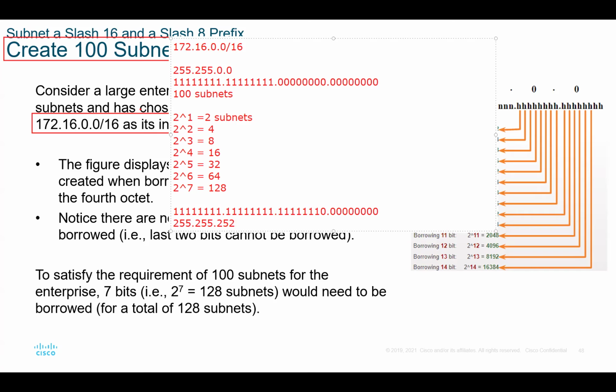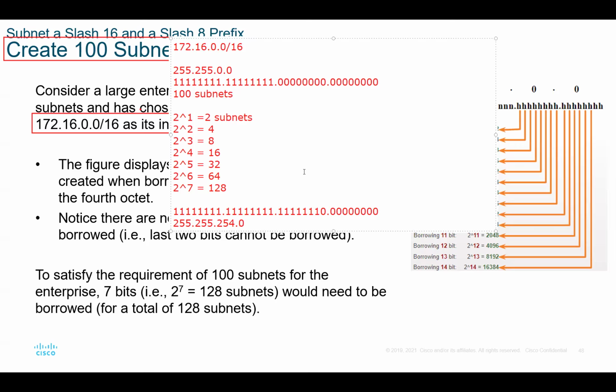255.255.254.0. This is 255 minus 1, 254. Dot 0.